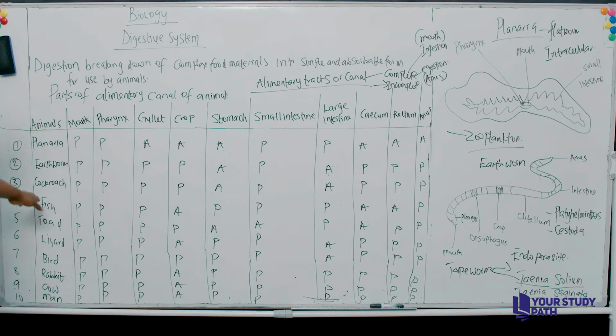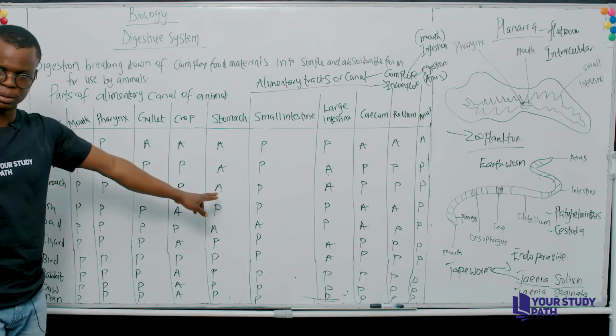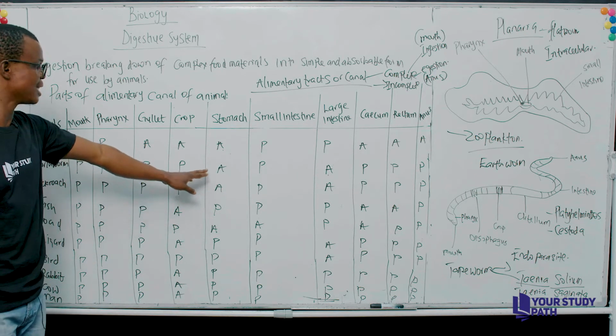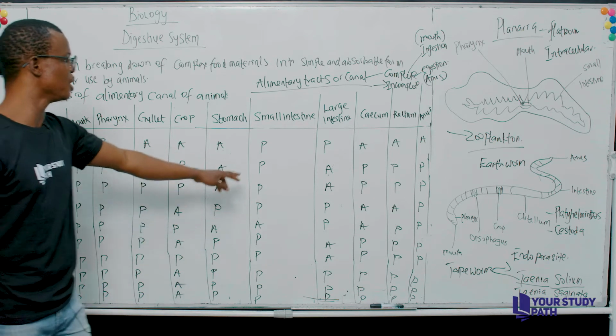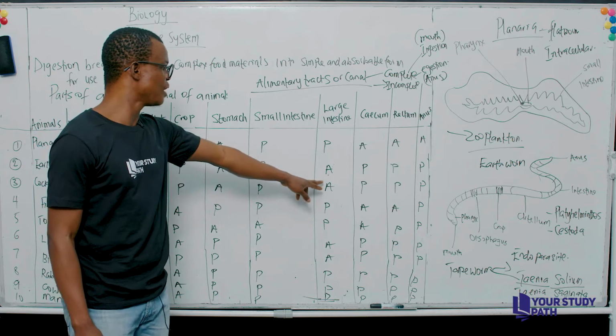And the next one is cockroach. For cockroach, we have the mouth. It also has a pharynx. It has a gullet. It has a crop, but it doesn't have a stomach. It is absent. P means present, A means absent. It has a small intestine. However, it does not have a large intestine.